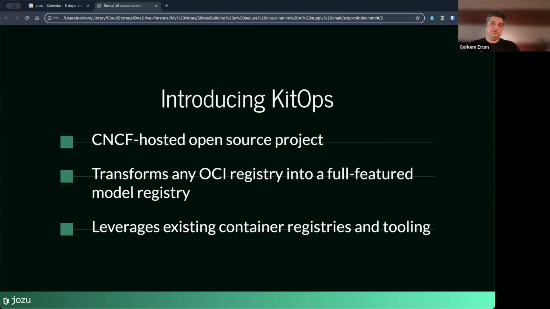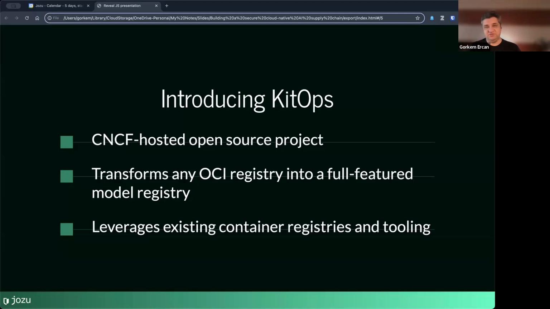So I'm going to introduce an open source project briefly because we're going to talk about model kits. KitOps is a CNCF hosted open source project. It basically transforms an OCI registry, your Docker container registry, into a full-featured model registry. As I said, it uses the existing container registry tooling.